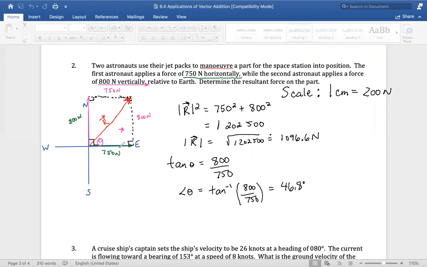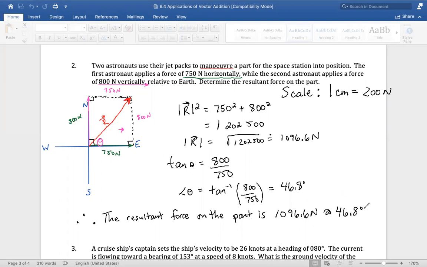Okay, so I think that's all the information that we need. We can go right to our therefore statement. So therefore the resultant, so determine the resultant force on the part. So therefore the resultant force on the part is 1,096.6 newtons of force at, and again, this wasn't in quadrant bearing or north bearing, so we can just use the angle that we had, but we need to give a direction.